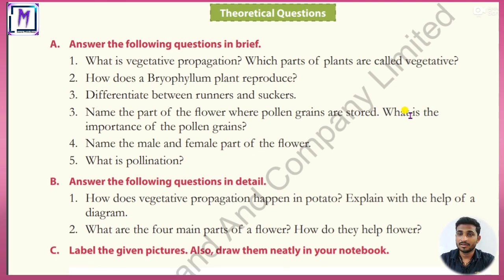If plants reproduce through these parts, that reproduction is called vegetative propagation. And the parts called vegetative are stem, roots and leaves as well as branches.